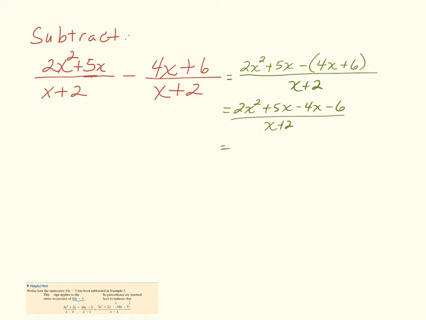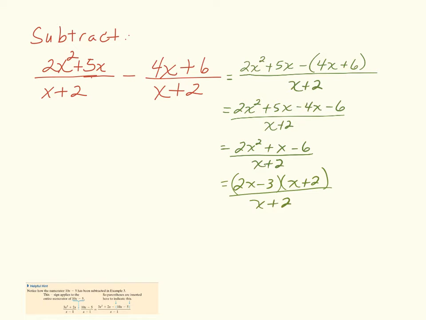Then we combine like terms in the numerator. We get 2x squared plus x minus 6 over x plus 2. And when we factor 2x squared plus x minus 6, we get 2x minus 3 times x plus 2 all over x plus 2.